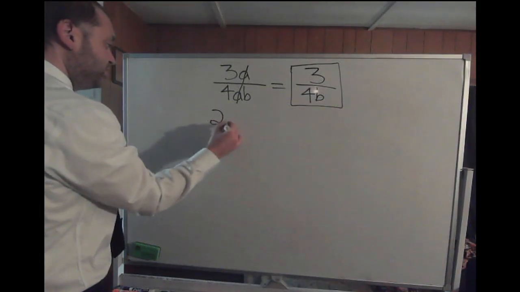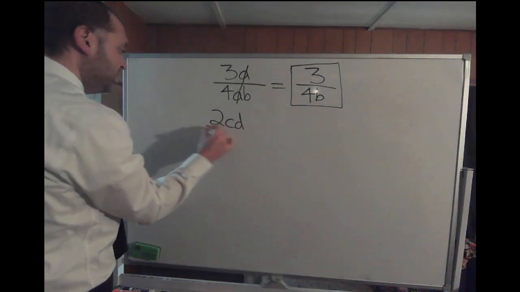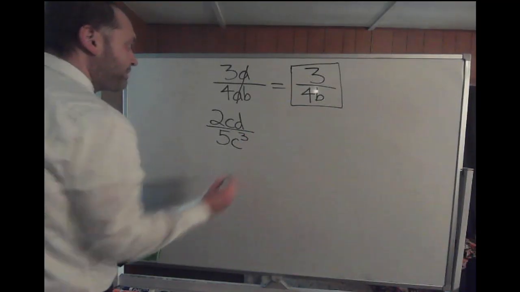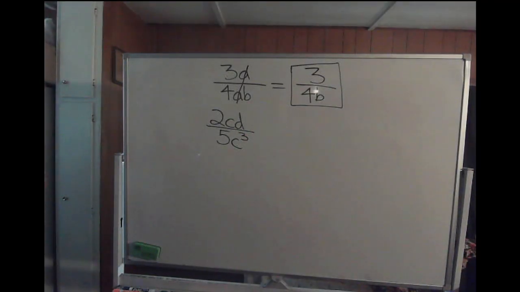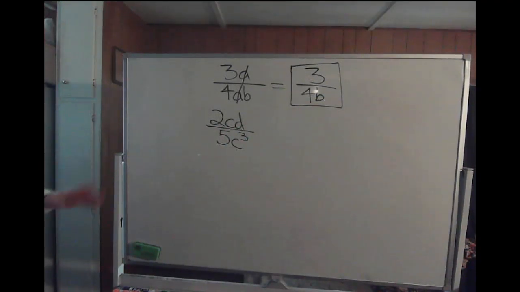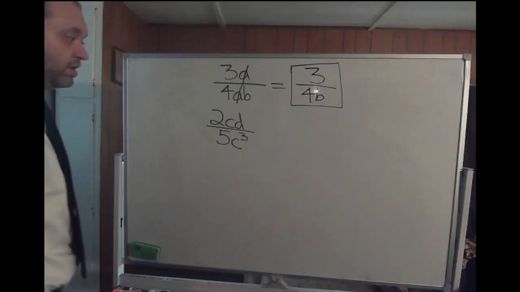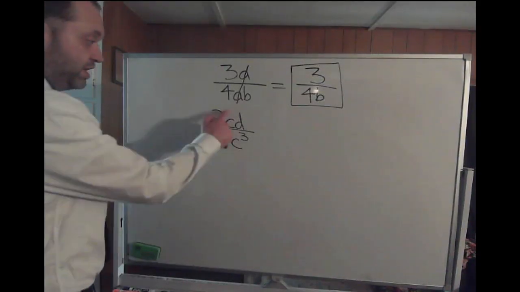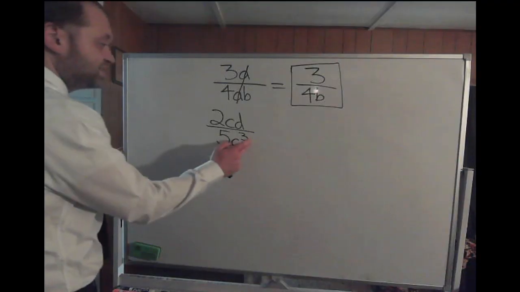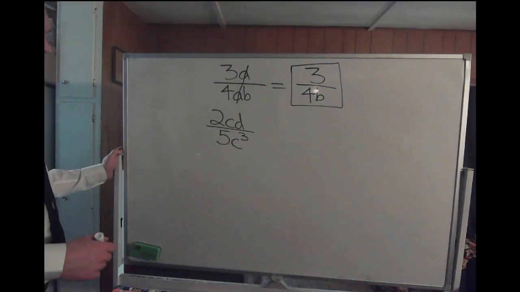We have 2cd over 5c to the third. Okay, well, 2 and 5 we can't do anything with. D kind of stands on its own. There's no other D term besides in the numerator. But between the numerator and denominator, you have a c in the numerator, which is c to the first, and then a c to the third in the denominator.